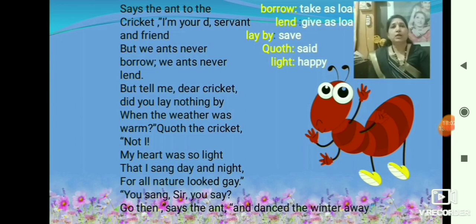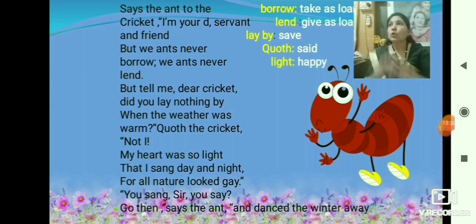But tell me, dear cricket. Then the ant asked another question to the cricket. Did you lay nothing by? In the word meanings, 'lay by' is given. Lay by means save. Did you lay nothing by?